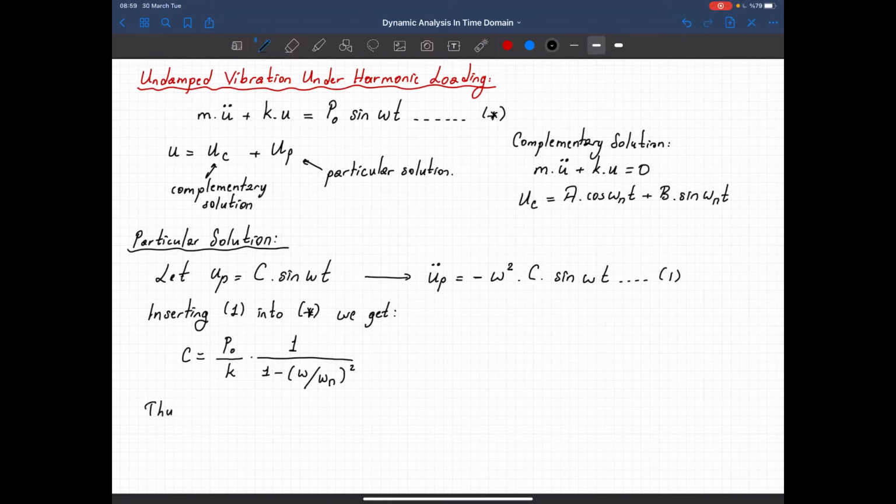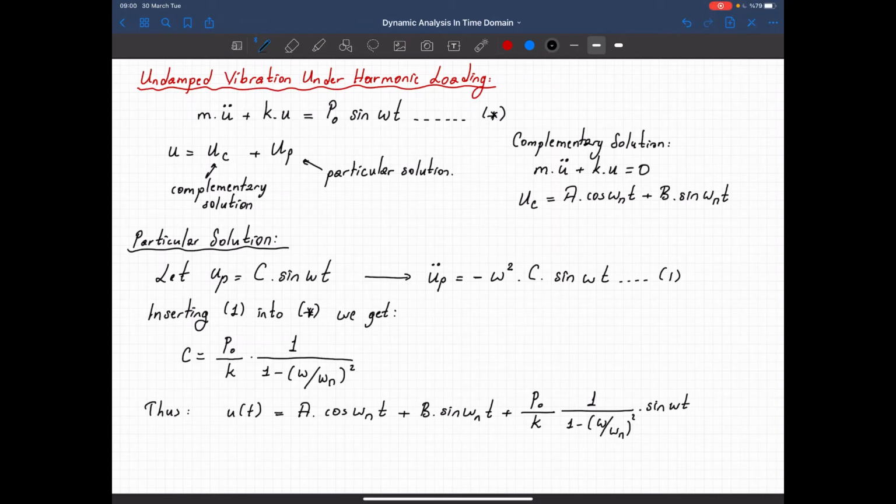Now our u(t) will become equal to the complementary solution, A times cosine omega n t plus B times sine omega n t, plus P0 over k times 1 over 1 minus omega over omega n squared, multiplied by sine omega t.